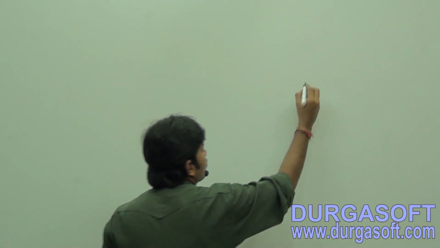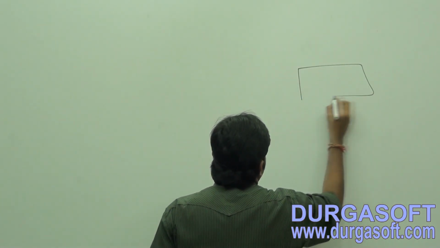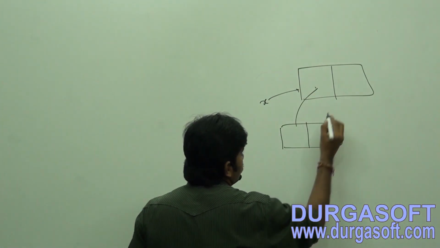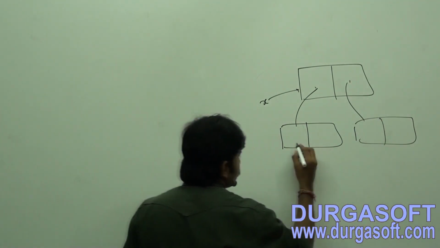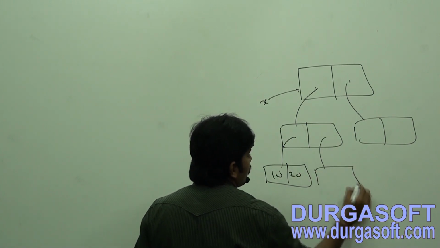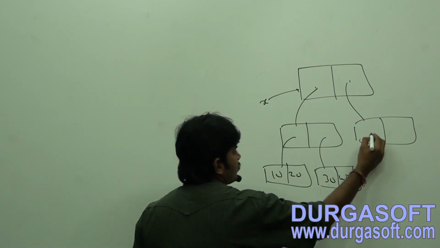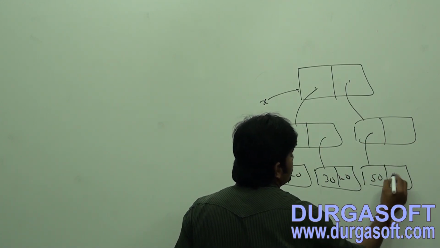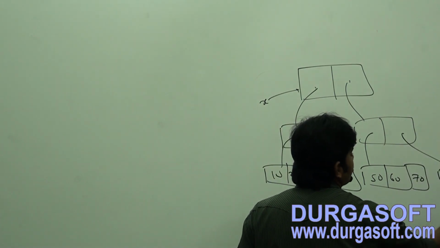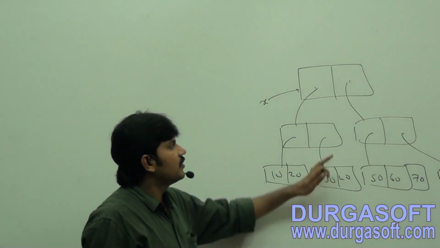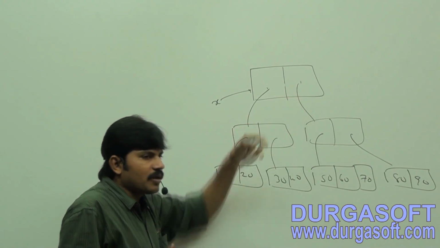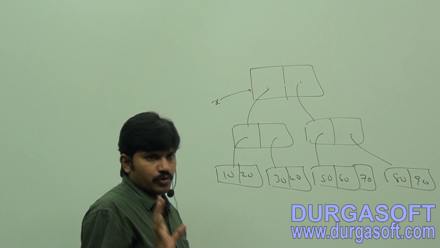I have a three-dimensional array X, in that size 2, in that 10, 20, 30, 40, here 50, 60, 70 and 80, 90. This is my three-dimensional array. I want to print the elements of this array by using the for each loop.